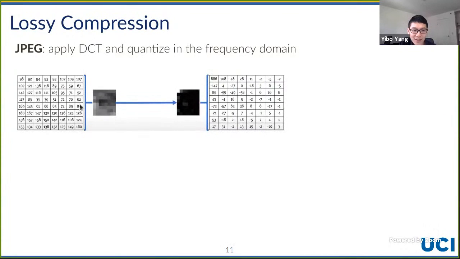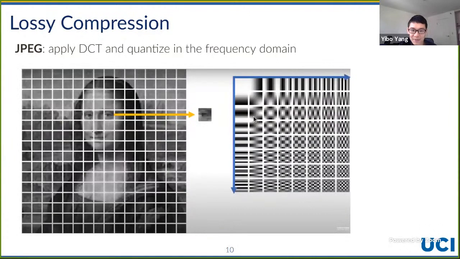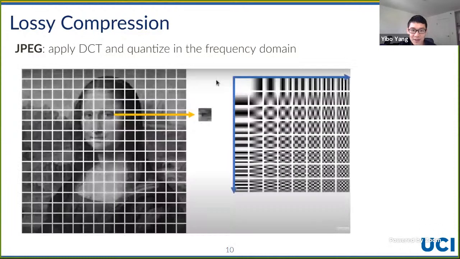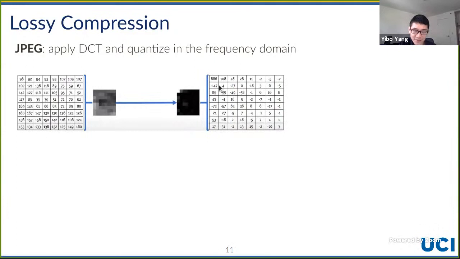So again, if we take just this on the left-hand side, some image that is represented in terms of brightness values, what the DCT does is compare these frequency patterns to extract another matrix such that each value represents the component in this bank of filters, so how much frequency there is.